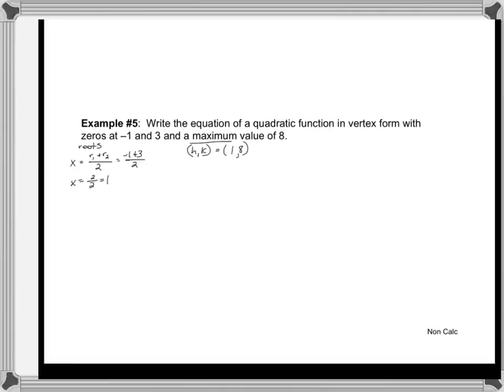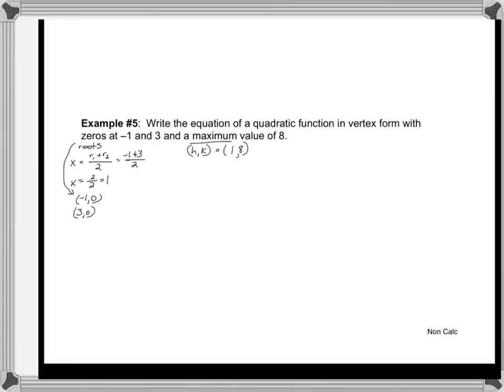So my vertex x is always halfway between the roots. Now, because these are roots, they're on the x-axis, this also represents 2 points. This represents a point at (-1, 0), and a point at (3, 0). So I can use either one to find a.